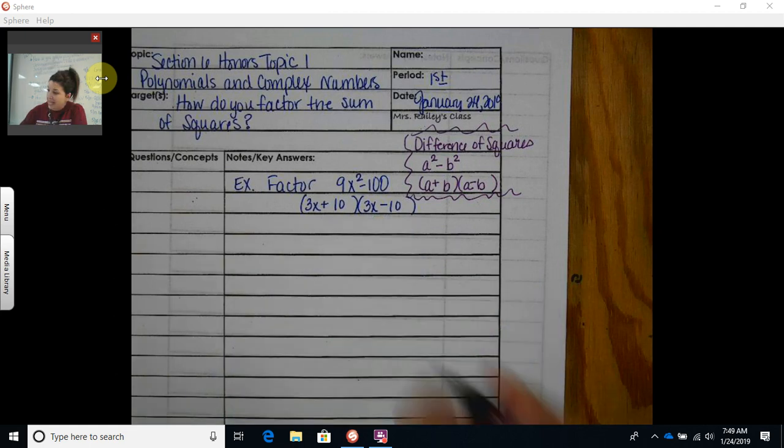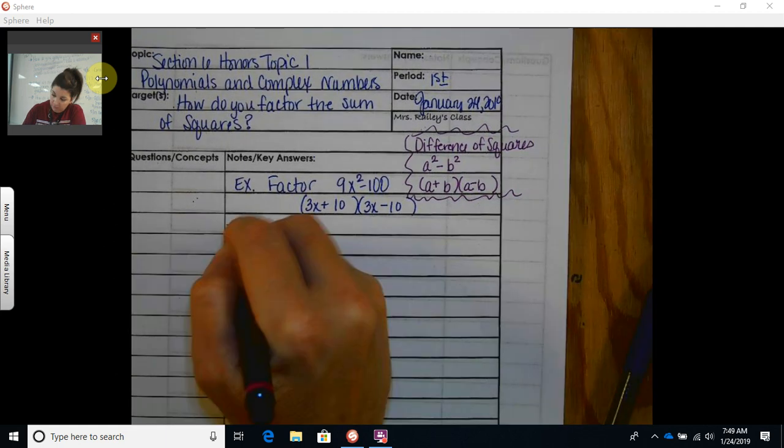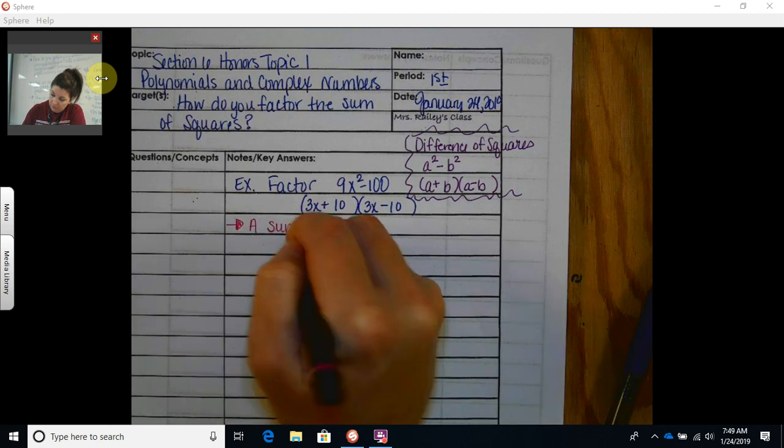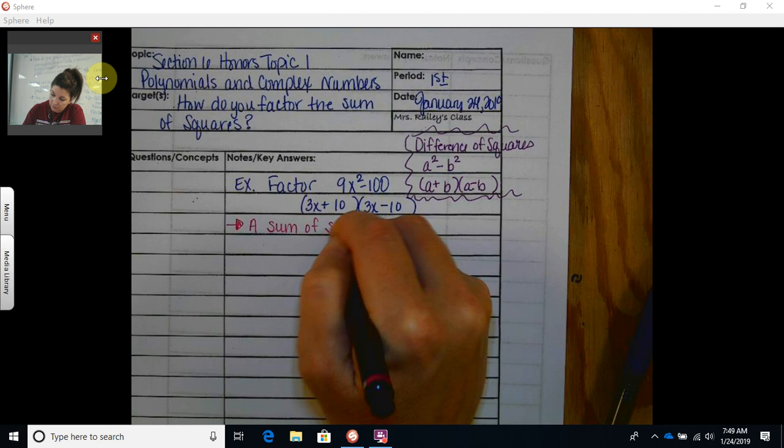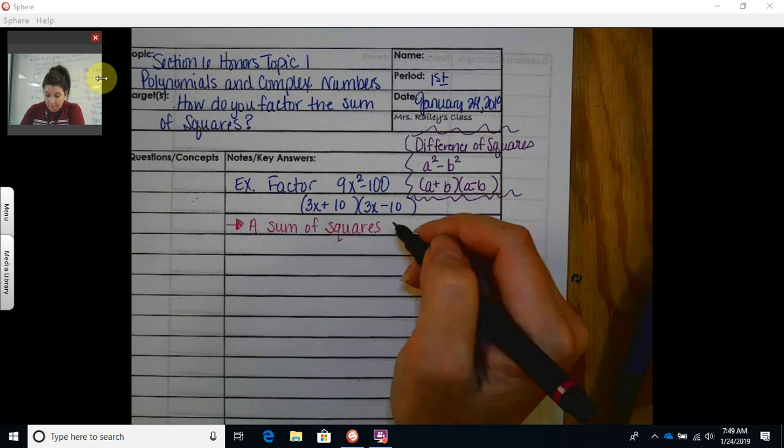Well, a sum of squares. I should not have that S there.